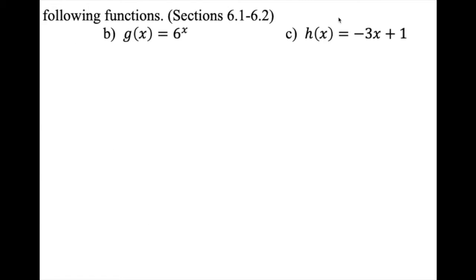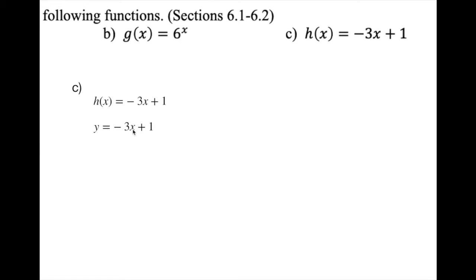Part C, the function is a linear function. We want to know what the inverse function is, so you have to actually calculate that. What are the steps? First, we don't want to use h of x, we want to use y. So that will become y equals minus 3x plus 1.